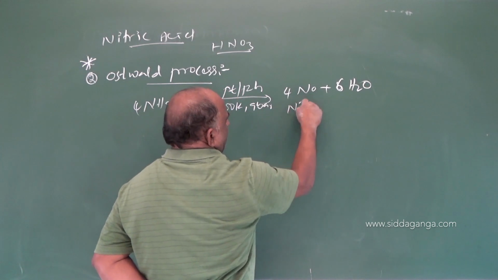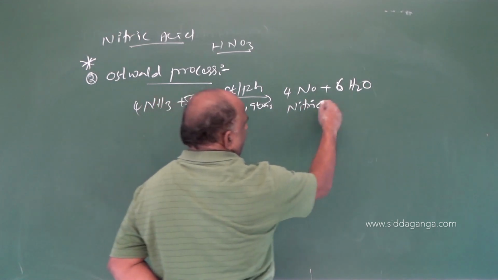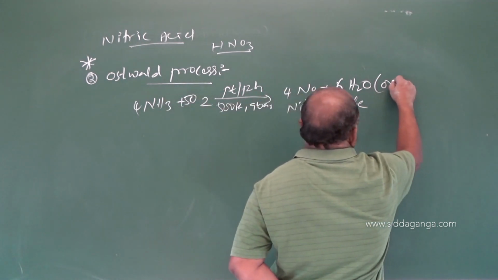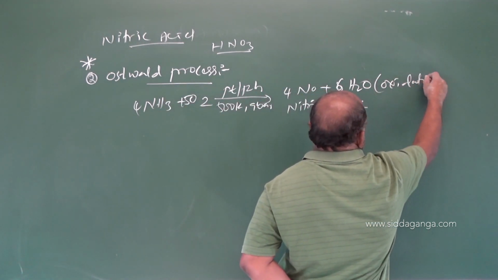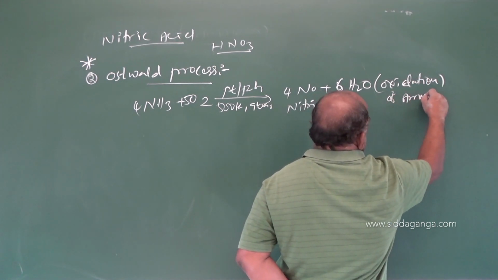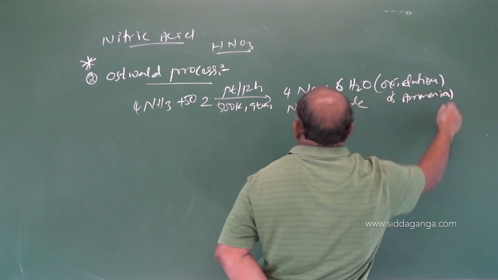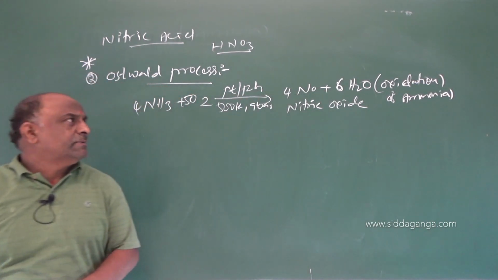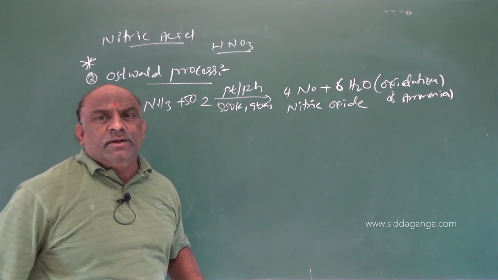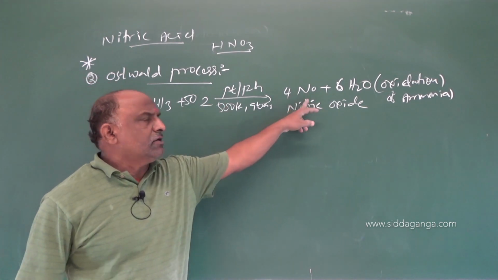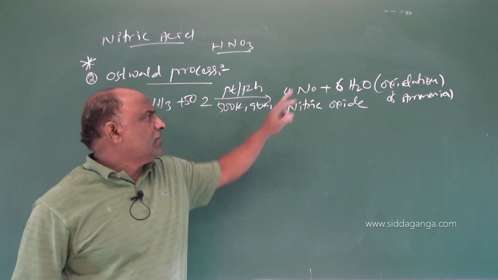This compound, nitric oxide, we already discussed previously. So it is oxidation of ammonia. Oxidation of ammonia takes place in the presence of platinum-rhodium, temperature 500 Kelvin and 9 bar pressure. Then we will get nitric oxide, molecular formula NO.